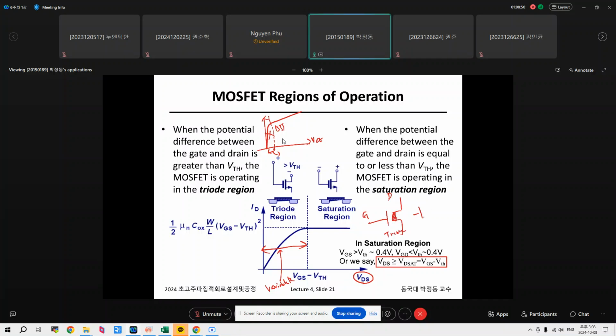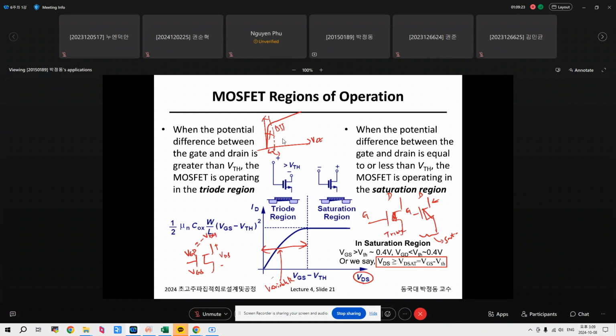If there is no channel at all between gate and drain, this is saturation. We need to operate MOS in saturation. So we have a very important relation based on this. What is this? VDS. What is this? VGS. What is this? VGT.